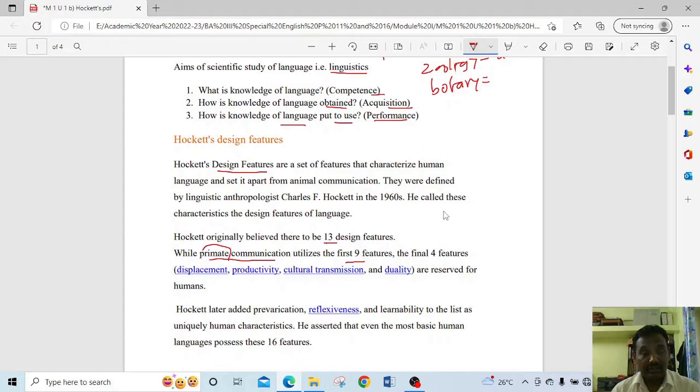Primate means here the primates closest to humans, that is chimpanzees or gorillas. So these animals have a similar kind of features in their communication system. But the final 4 features, that is displacement, productivity, cultural transmission, and duality, are only for the human communication system, that is language.